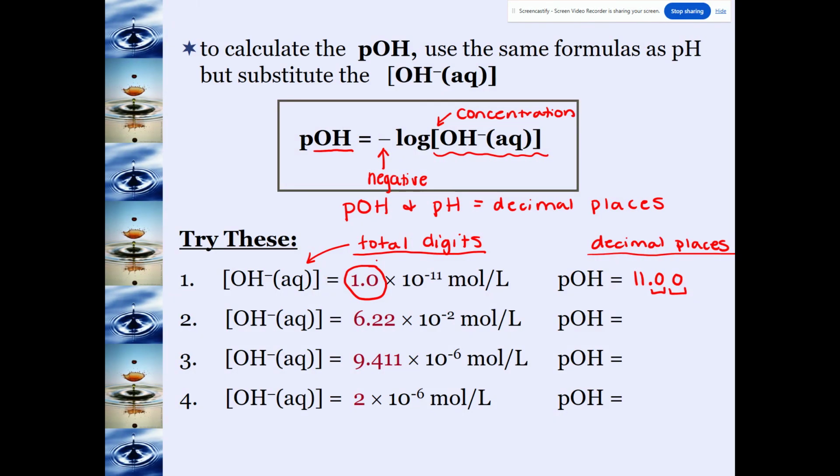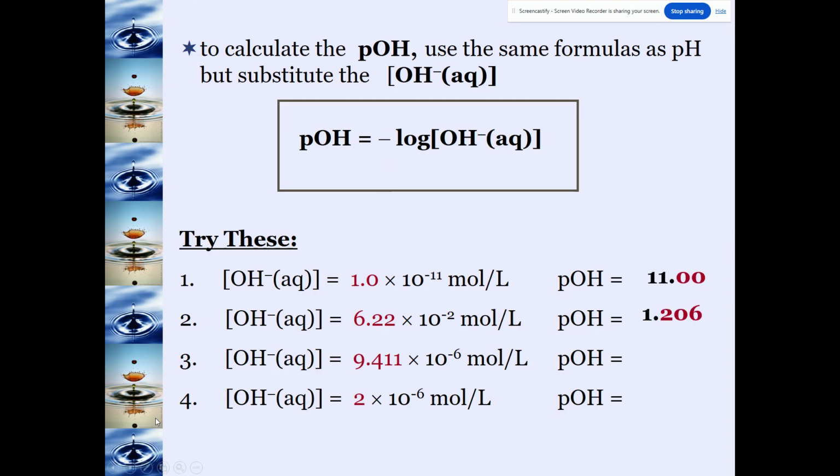If we try the next one, negative log 6.22 times 10 to the power of negative 2, we get an answer. I have 3 total digits, so I want 3 decimal places. I'm just going to pull up the answer because I feel like it's not right.